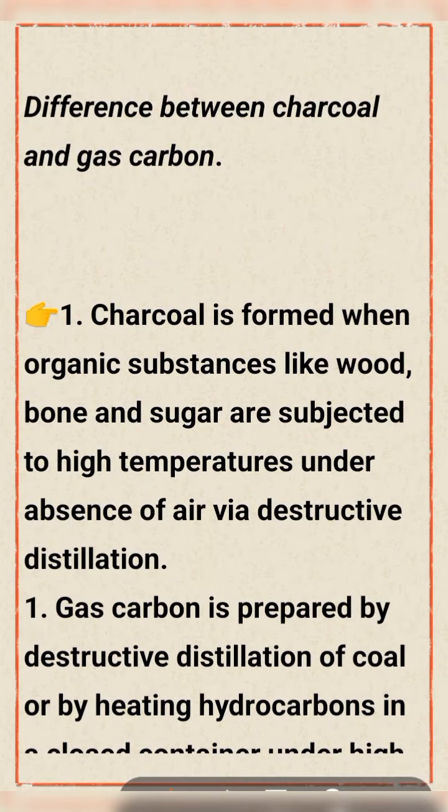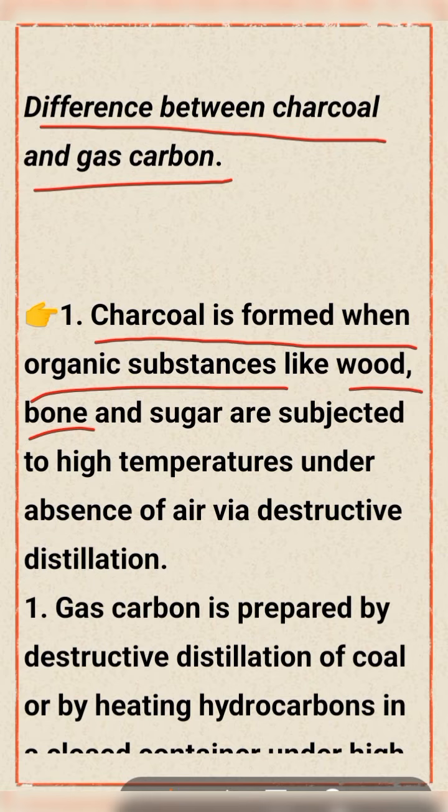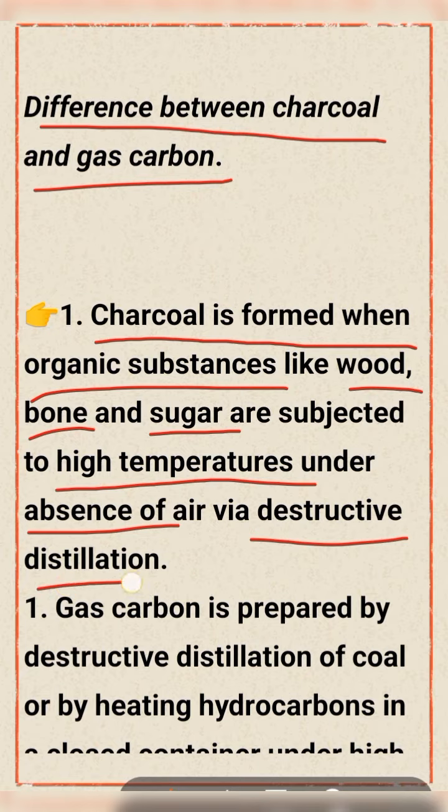My dear viewers, now the difference between charcoal and gas carbon. First point, charcoal is formed when organic substances like wood, bone and sugar are subjected to high temperatures in the absence of air via destructive distillation.